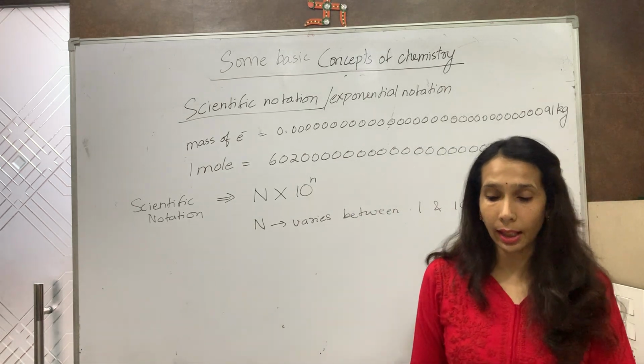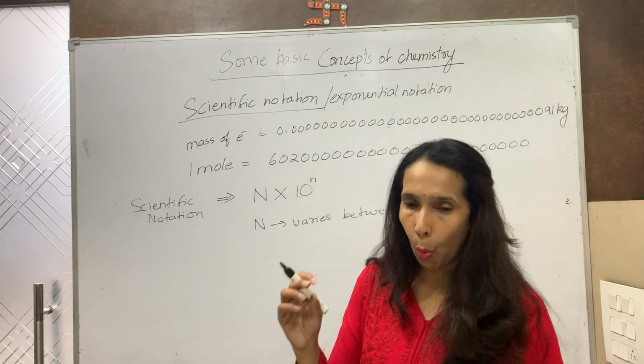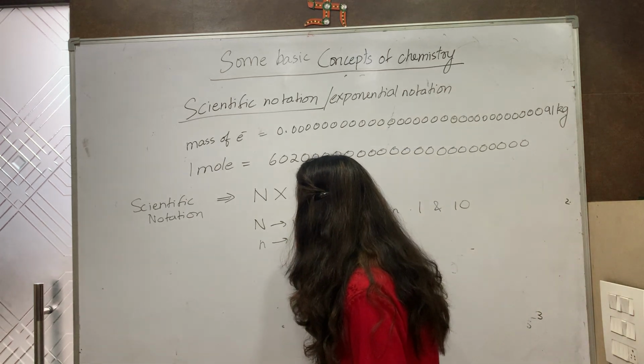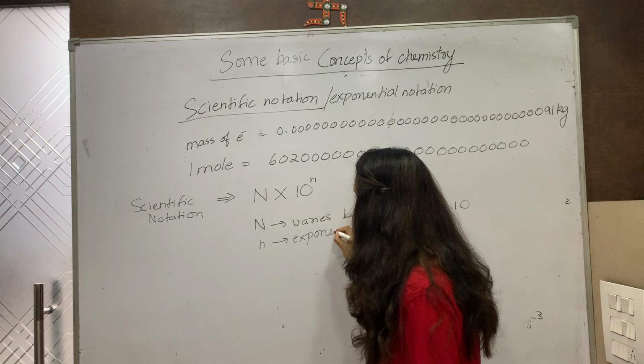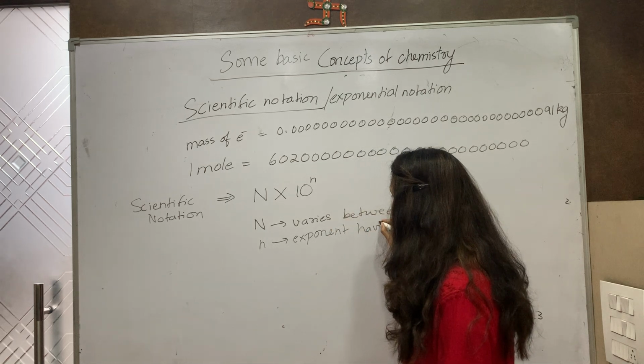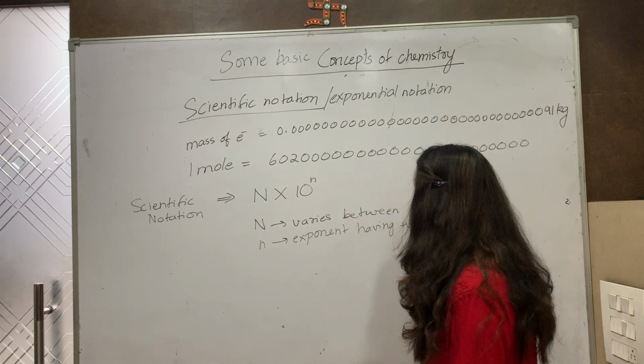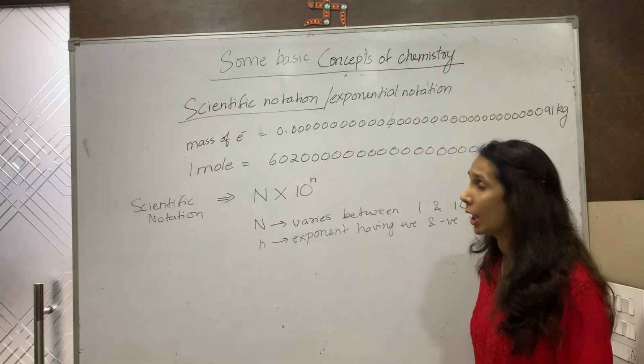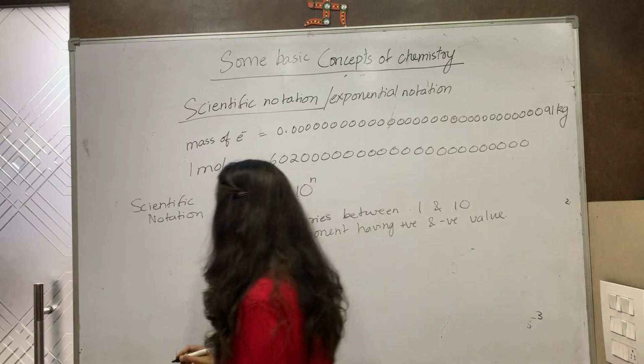Capital N is a number which varies between 1 and 10. Small n is an exponent having positive and negative value. So let us start with these numbers.